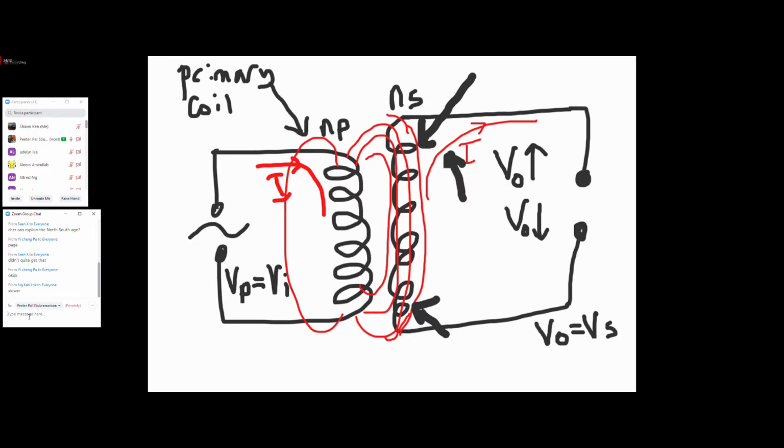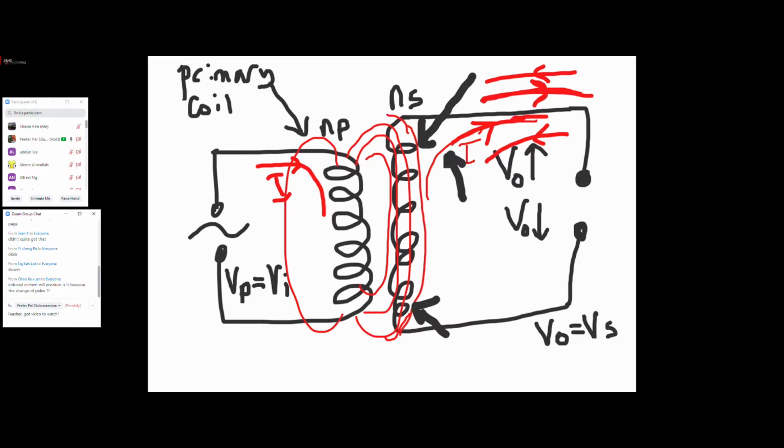The induced current produced by the secondary coil also will have changing direction. So induced current in the secondary coil also will flow in AC direction.